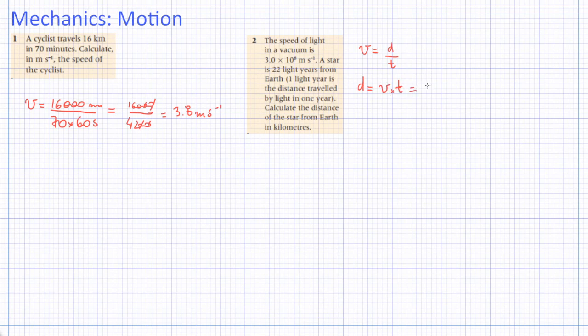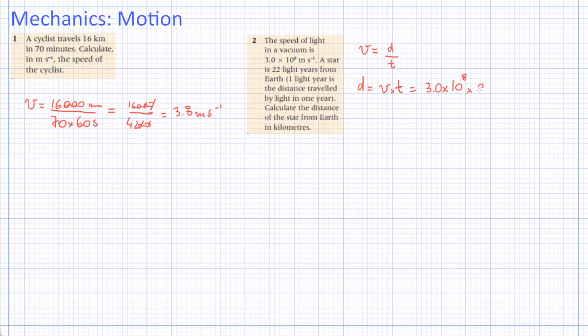So our speed here is the largest in the universe, 3 times 10 to the power of 8 meters per second, and our time would be 22 years, because it takes 22 light years for that to happen, right?